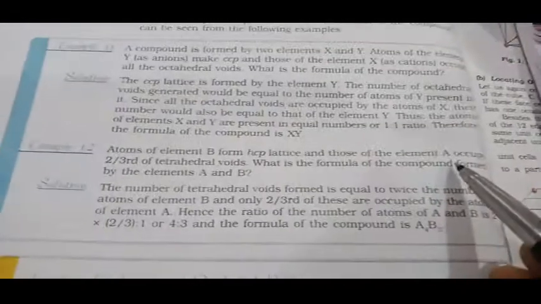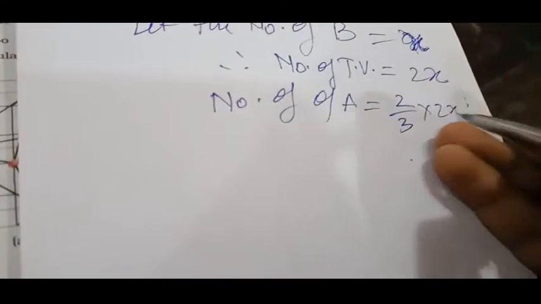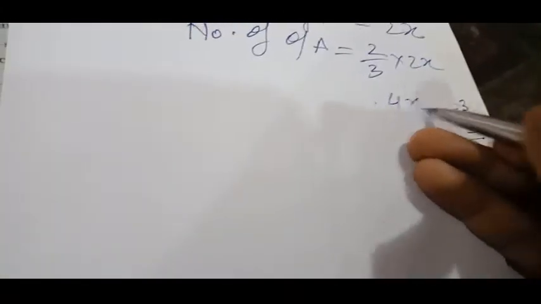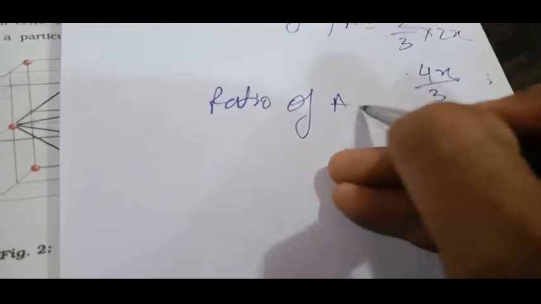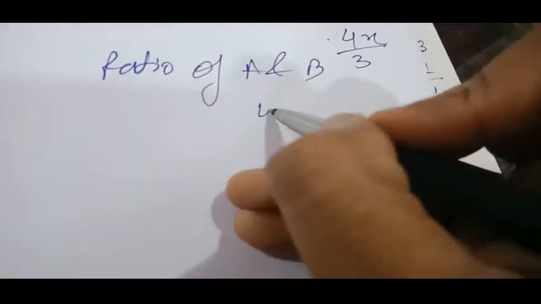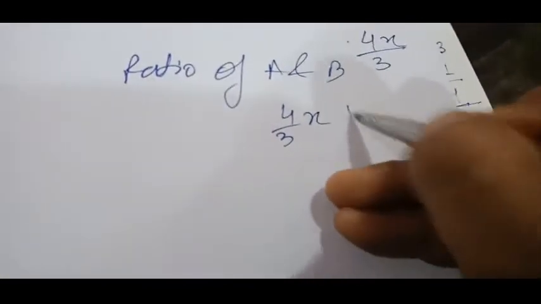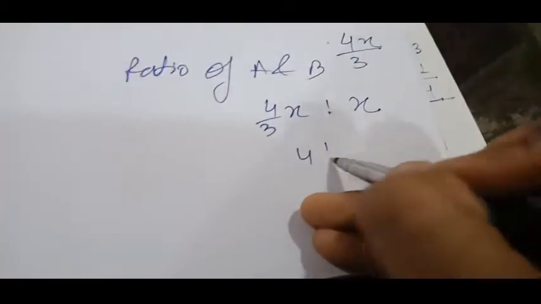And what about A? A occupies 2/3 of tetrahedral voids. So the number of A particles is 2/3 of 2x, which is 4x by 3. So the ratio of A and B, A is 4/3 x and B is x. When you solve it, it is 4 to 3. Therefore A 4 and B 3. This is the answer. Clear?